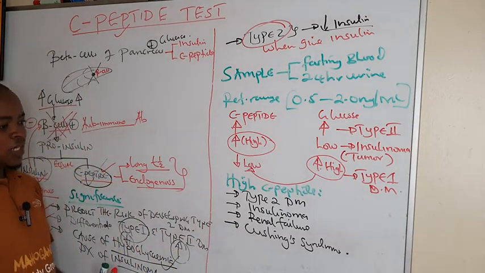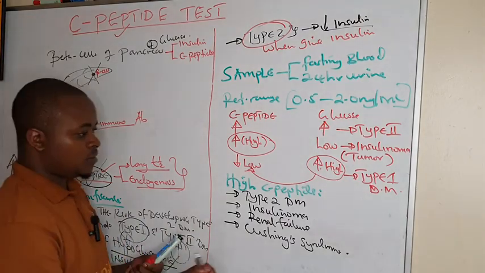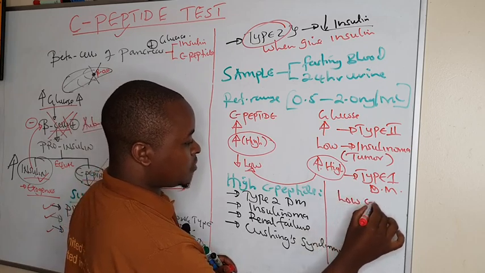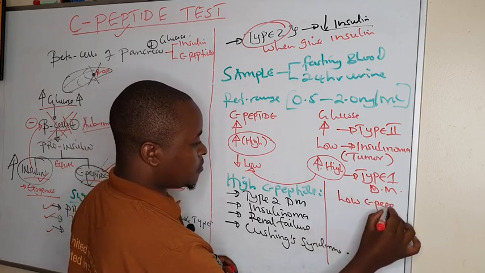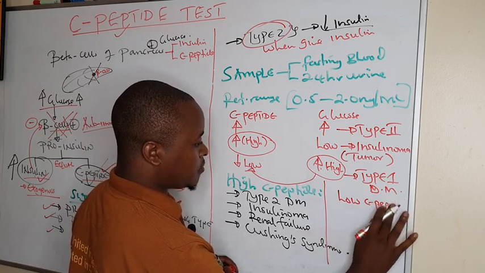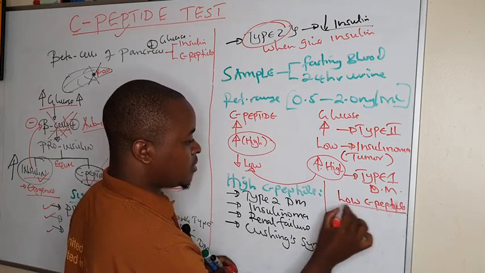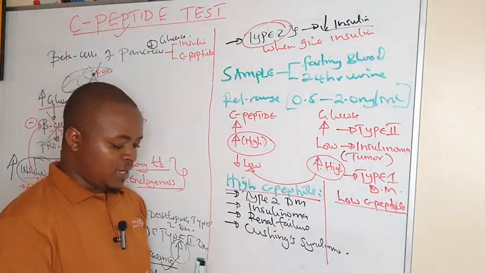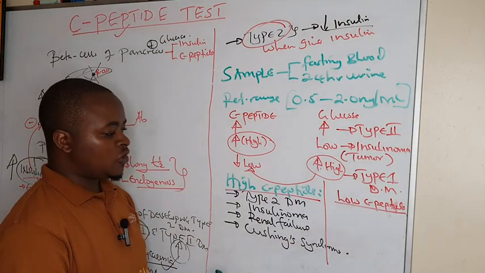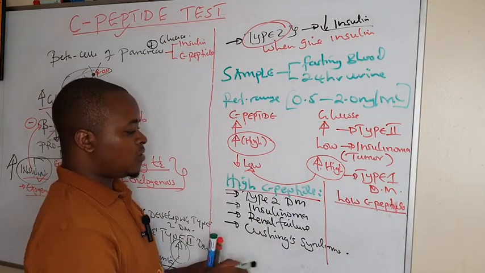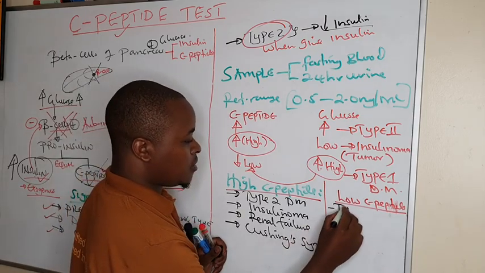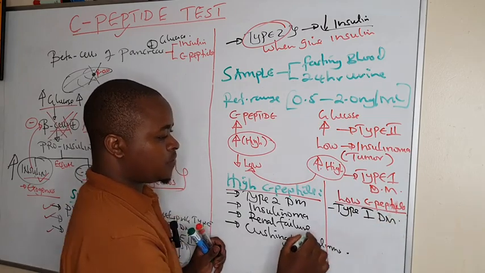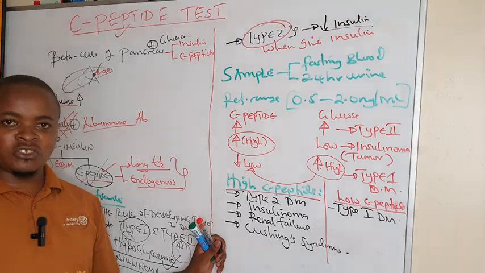And we can see low C-peptide levels. This is causes of high. Then low C-peptide levels are seen in conditions like type 1 diabetes mellitus, which is due to lack of insulin.